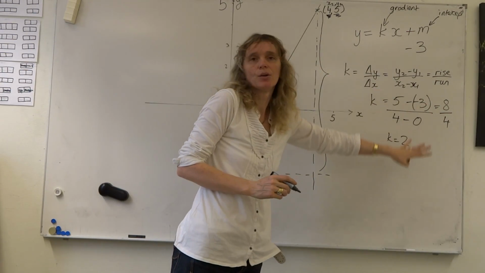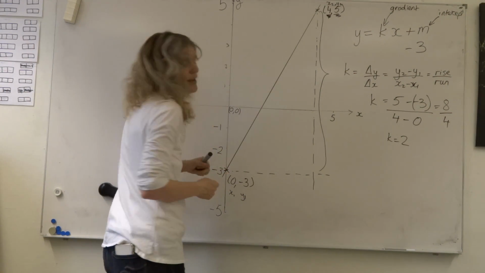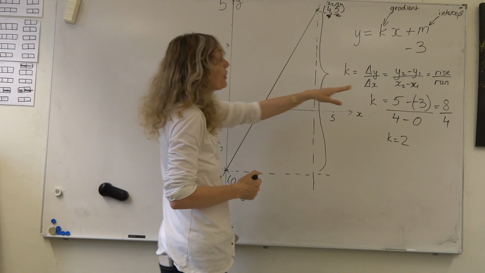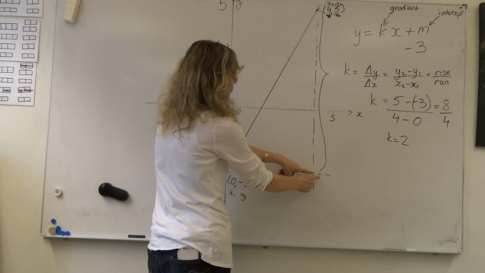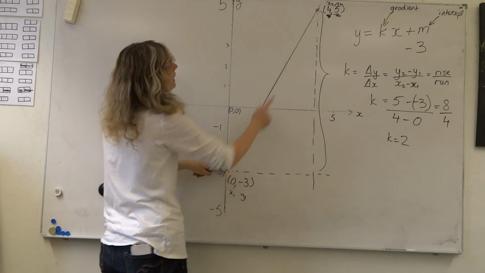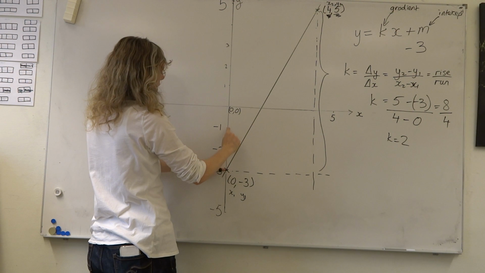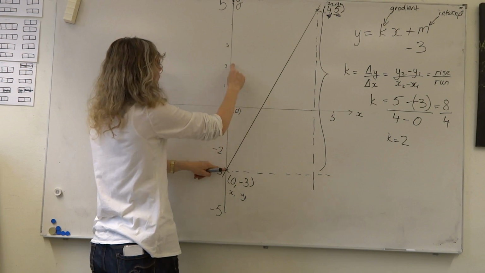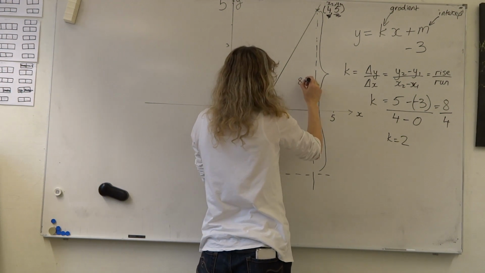This is the mathematical way of doing it. Another way of doing it, if you find that a little bit complicated, is to think rise over run instead. We're just counting how many steps we've gone from this point down here to that point up there on the y-axis. We've gone 1 step, 2 steps, 3, 4, 5, 6, 7, 8. We've gone 8 steps up.